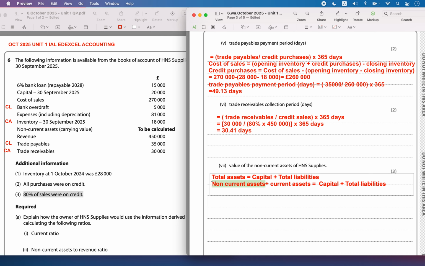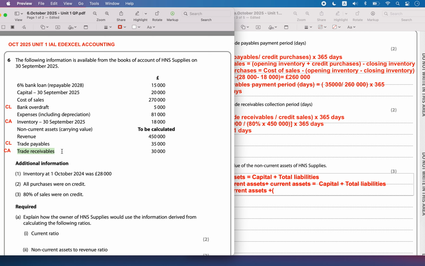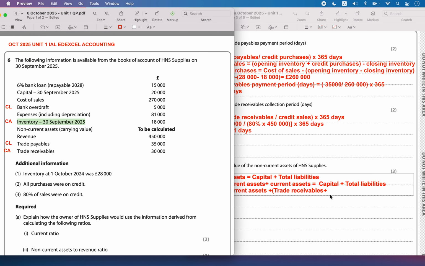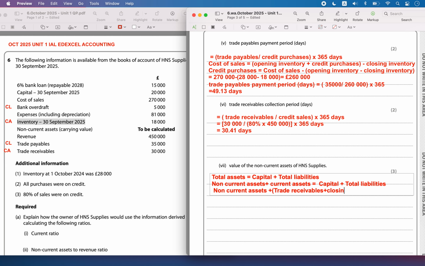What we don't know, non-current assets, we are supposed to calculate. Current assets are the trade receivables and the closing inventory. So let's write those two: trade receivables plus closing inventory.